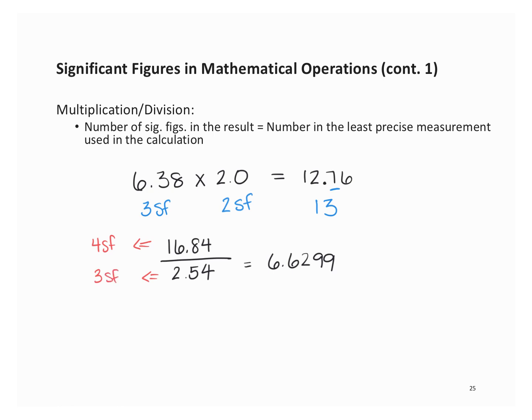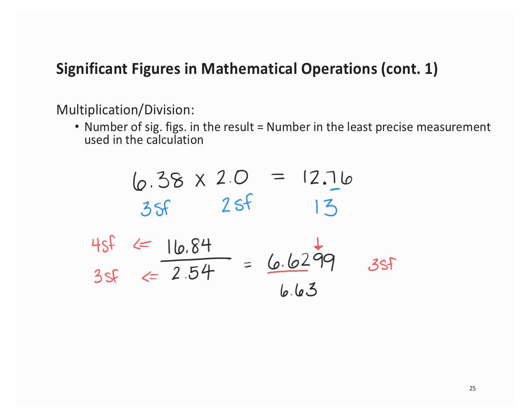And so that means this answer also needs 3 significant figures. And so we would say, okay, so those are our 3 significant figures. Let's look at that guy right there. That's a 9, that's greater than 5. So we're going to round up, and that would be 6.63. So use that for multiplication and division.